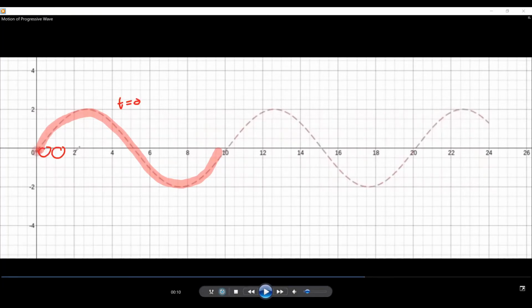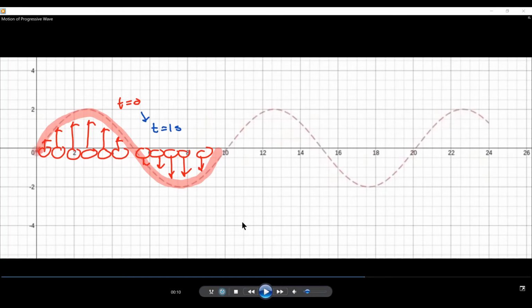So if I tell you this 1, 2, 3, 4, 5, 6, 7, 8, 9, 10, this is the displacement of all those particles at say time t equals 0 right now. Okay. Now what happens when I let time run and time becomes t equals 1 second?